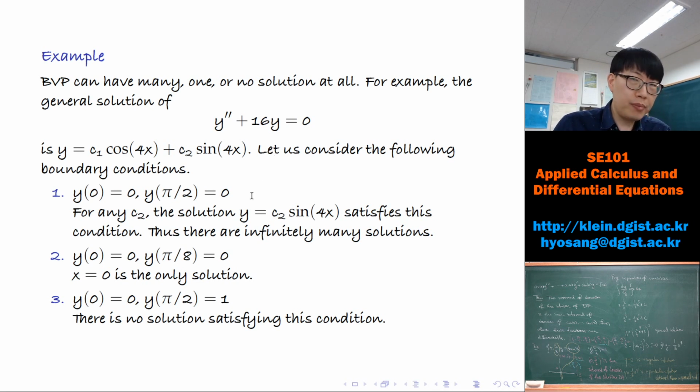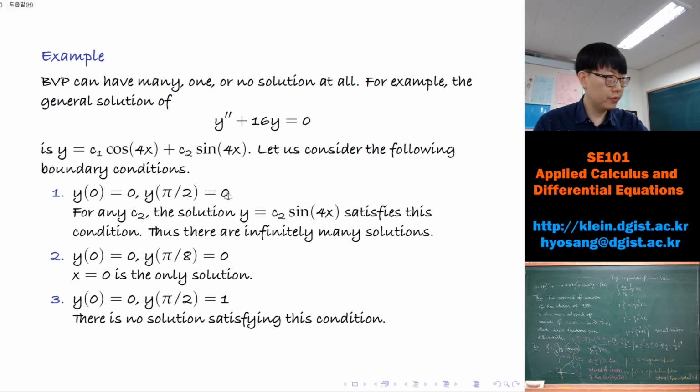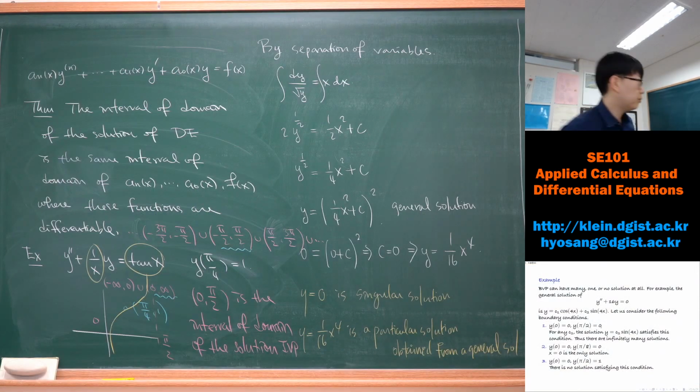Now, let's look at three types of boundary value problem. So the first one is y(0) equals 0 and y(pi over 2) equals 0. Let me just go back to the blackboard.